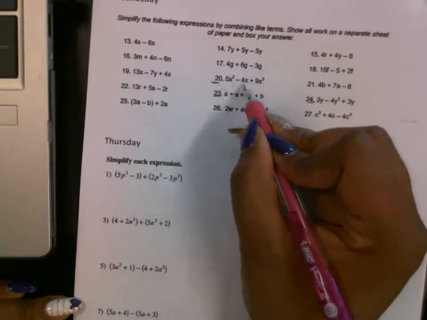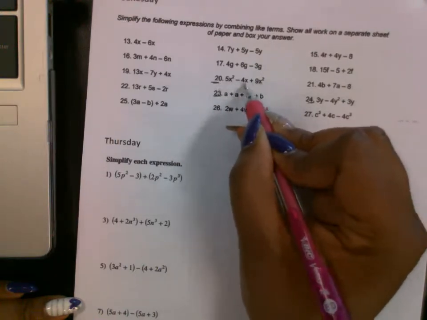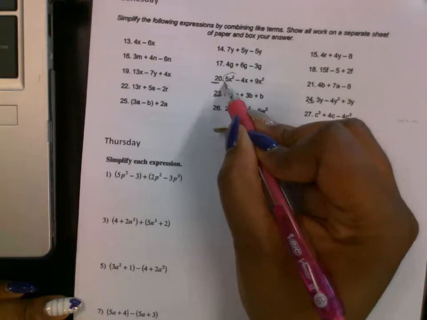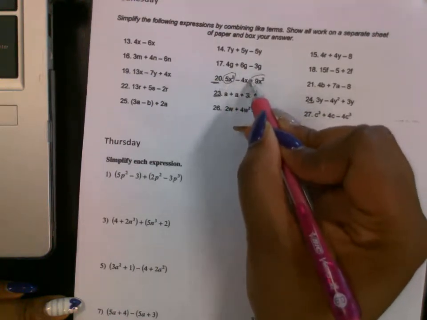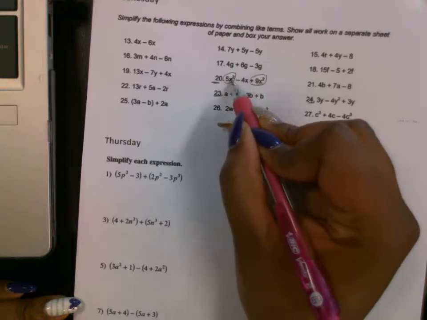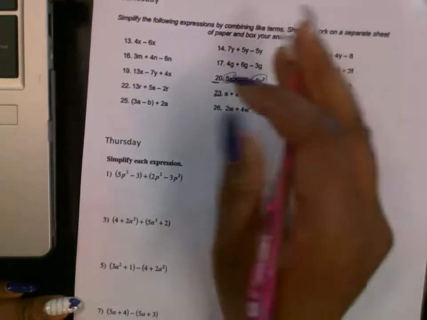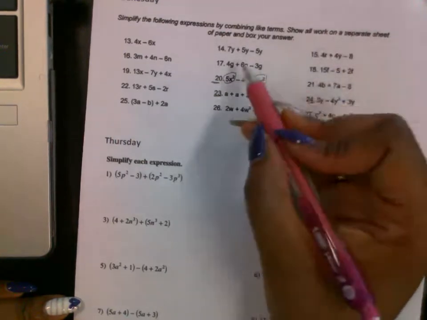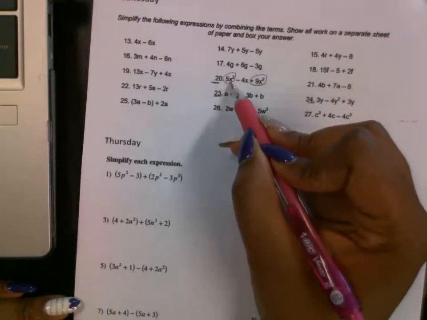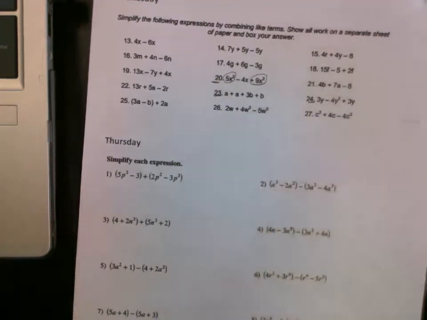So let's start with this one. All right. So what are the like terms here that you can combine? Yes, because they have the same variable as well as the same exponent attached to that variable. If those are not the same, both the variable and the exponent, you can't combine them. So you're going to add 5x squared plus 9x squared. So they're 5x squares and they're 9x squares.